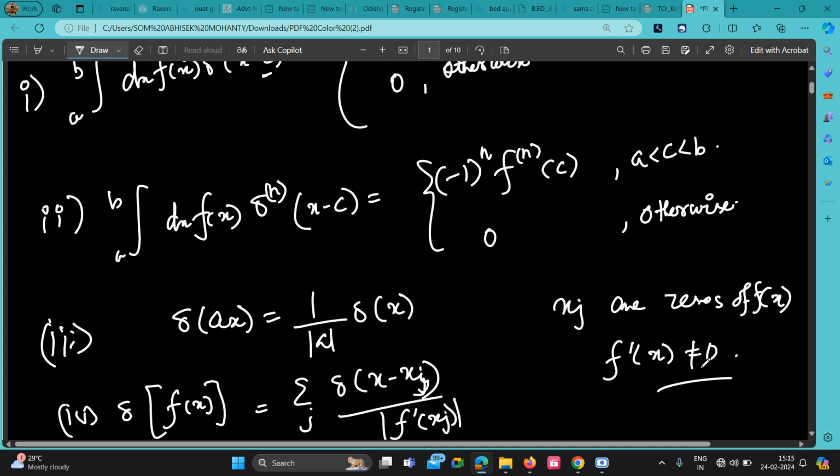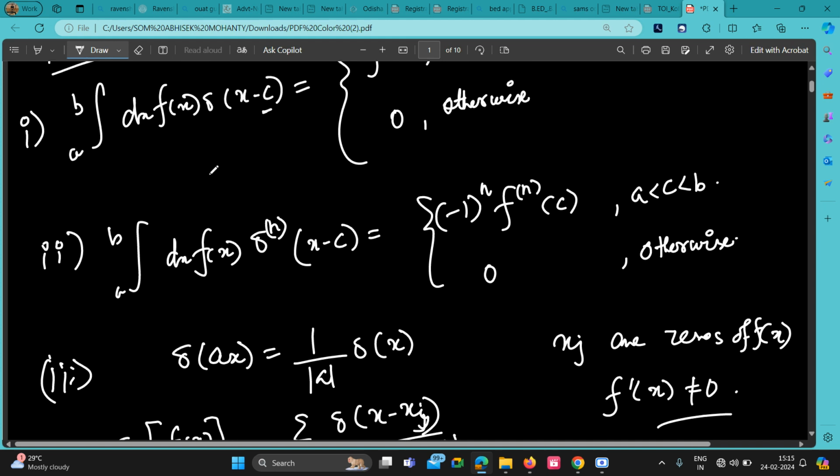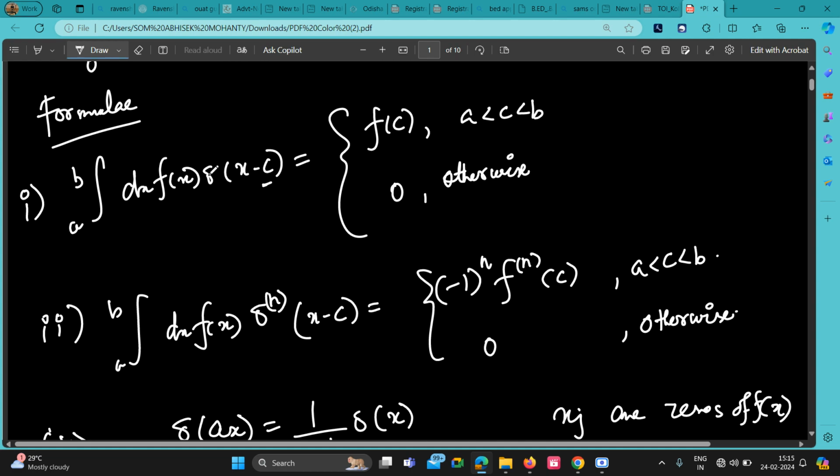So these are the formulas that will be used in the next questions.